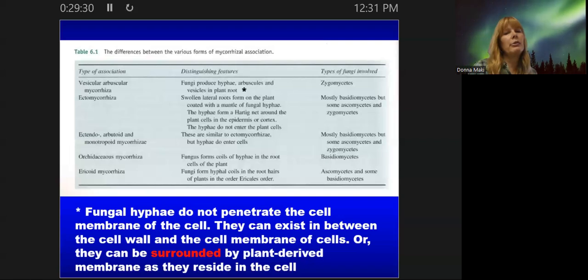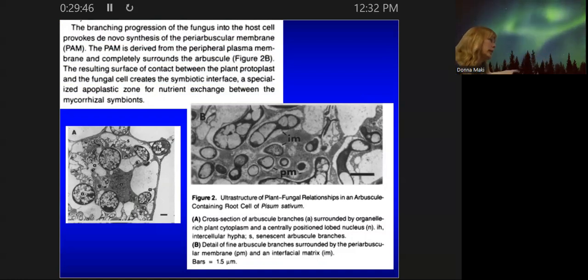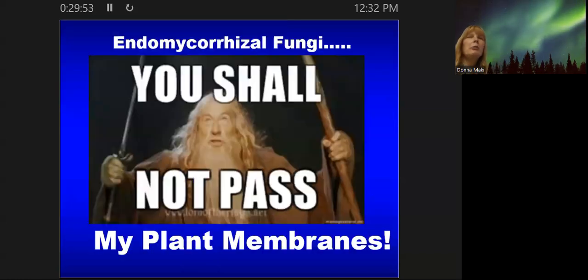It makes a point of the plant being able to keep that relationship and not attack the fungus. This is showing some of the electron microscope pictures where the TM is referring to the membrane that the plant is creating to surround any of the fungal hyphae to make sure that there's no free living hyphae. All right, so again, they're not going to pass through the membrane.